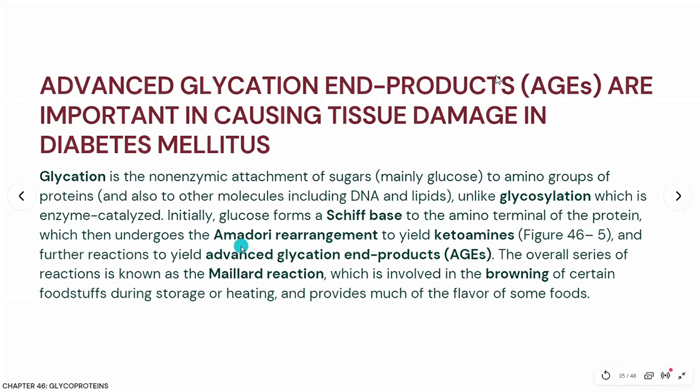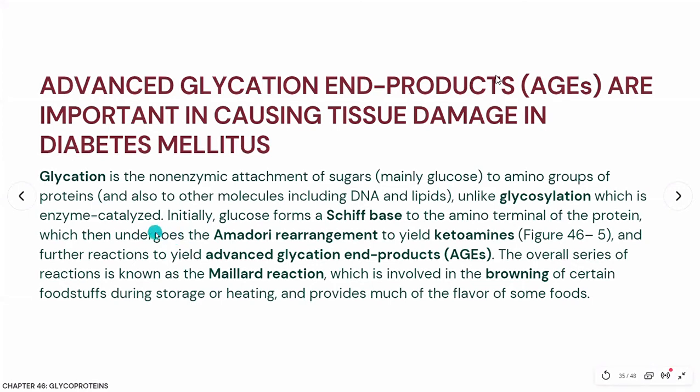Okay. This can bring about browning of certain foodstuffs during storage or heating and provides much of the flavor of some foods by rearrangement of the protein. We call it Amadori rearrangement.